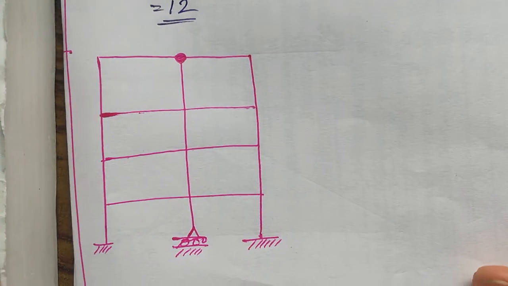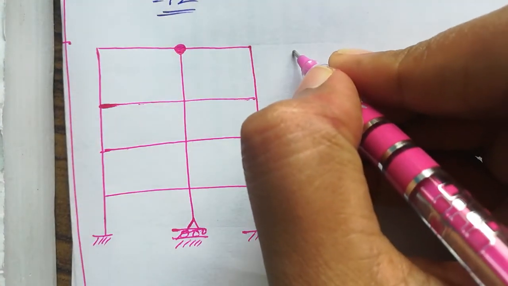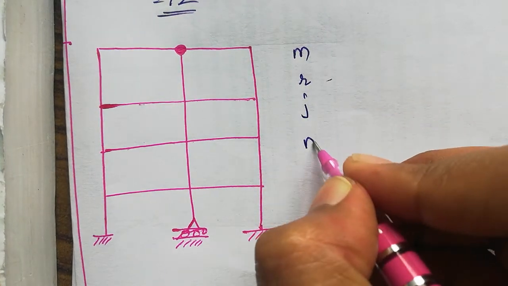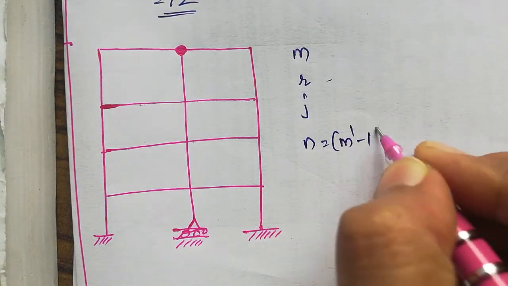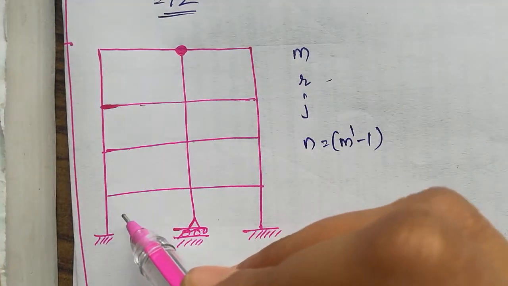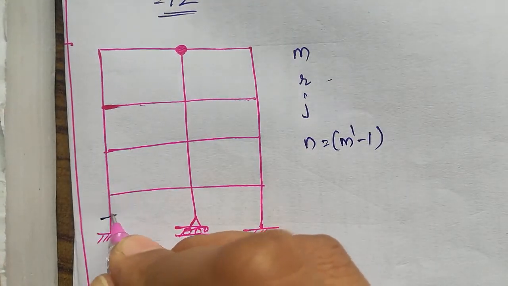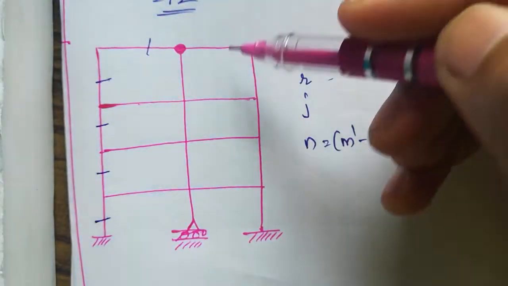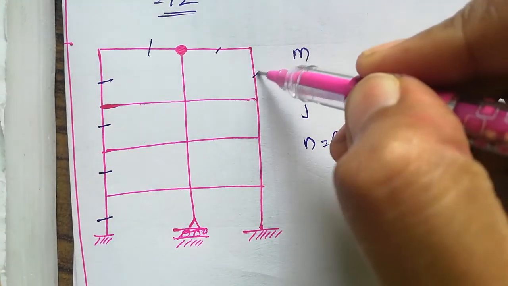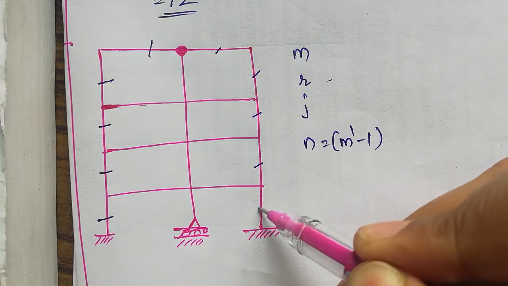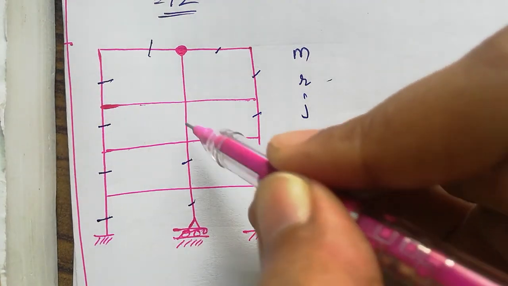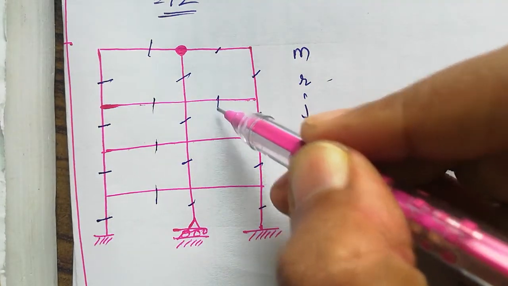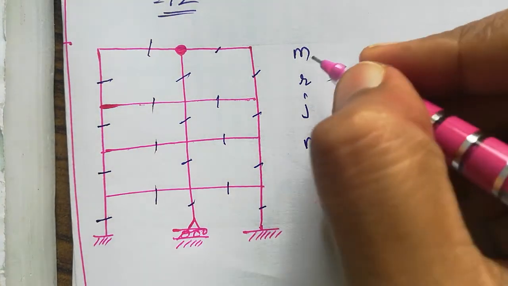Next, m, r, j, n. n is m dash minus 1. So members: 1, 2, 3, 4, 5, 6, 7, 8, 9, 10, 11, 12, 13, 14, 15, 16, 17, 18, 19, 20.